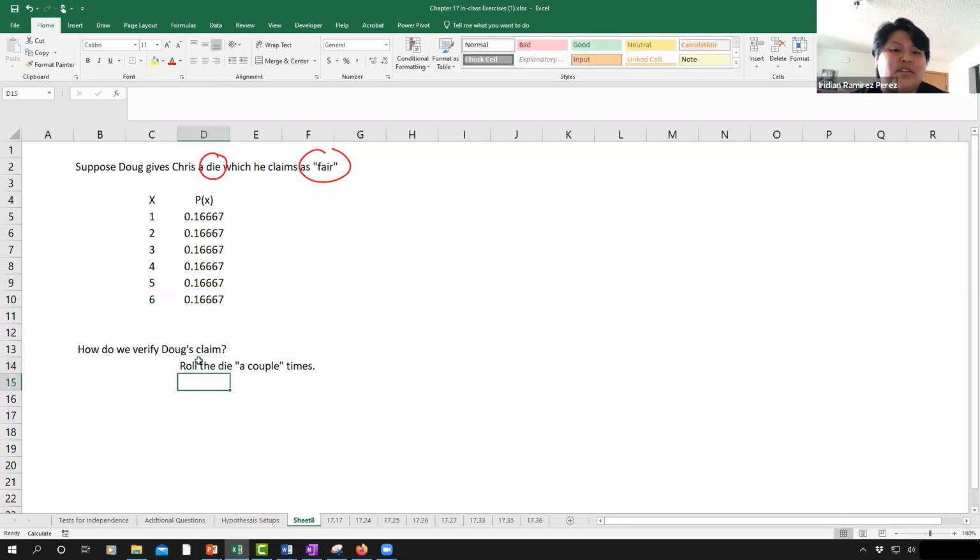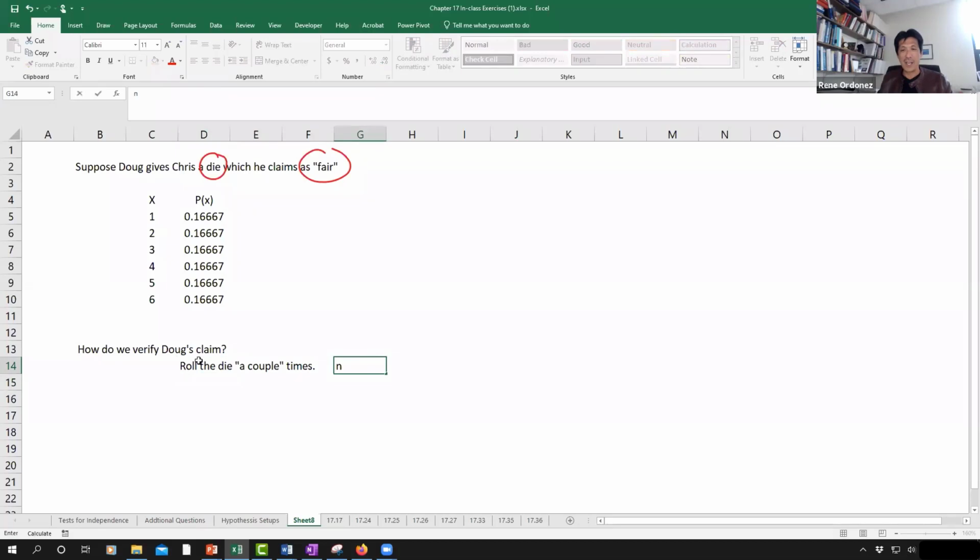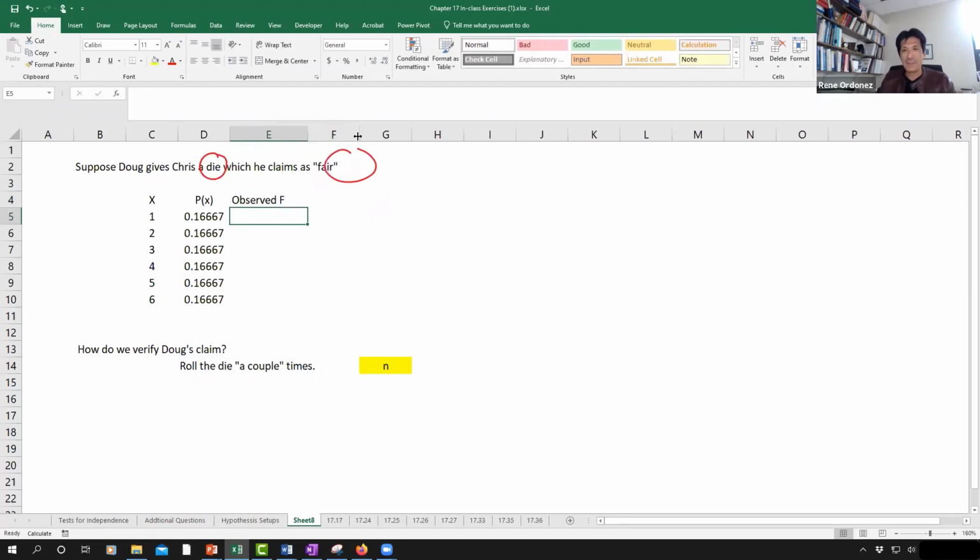When you say a couple of times, really we're talking about generating a sample, rolling a die some number of times and observing the outcomes. So here we will have the observed frequency, and we will have the expected frequency.